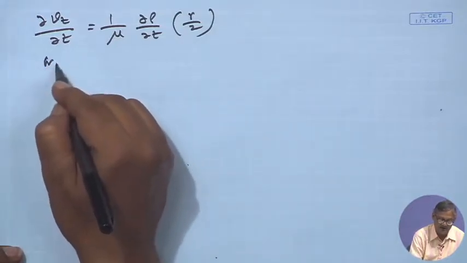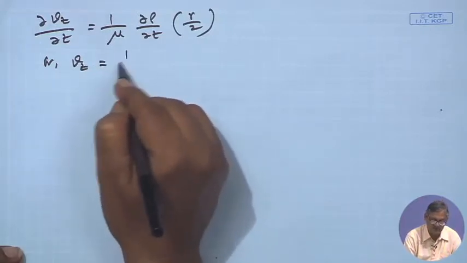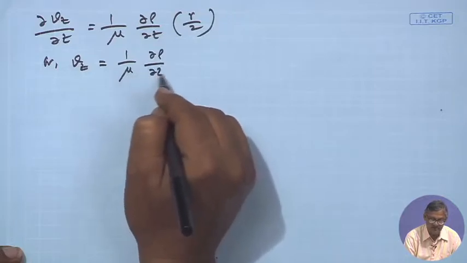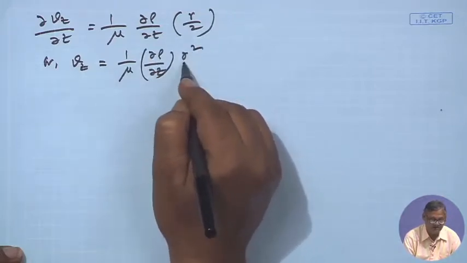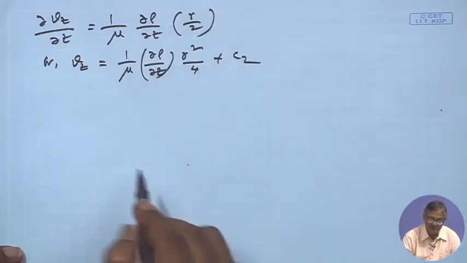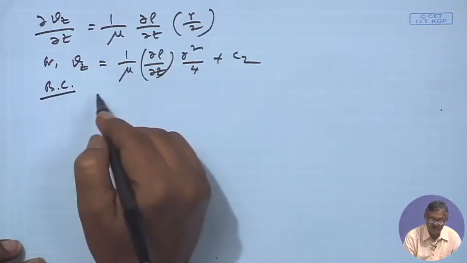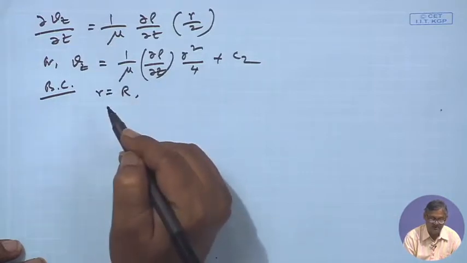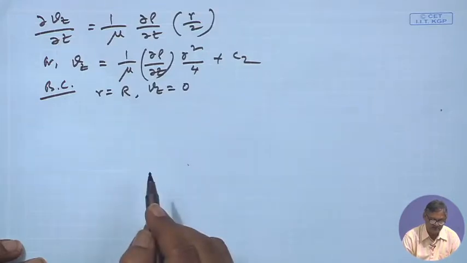On second integration, we can write Vz is equal to (1/μ)(∂P/∂z), that is constant, into r²/4 plus C2. Now we can put the second boundary condition. Second boundary condition is what? At r = R, Vz is equal to 0.